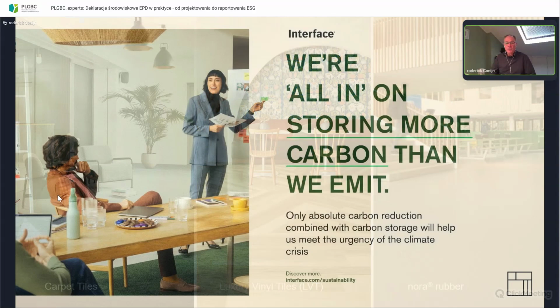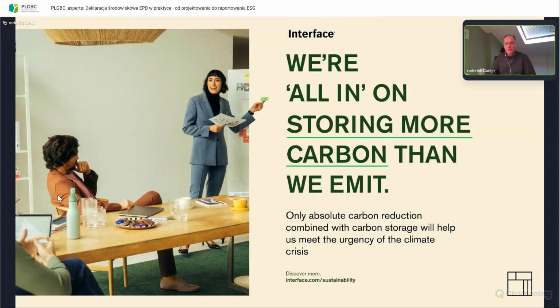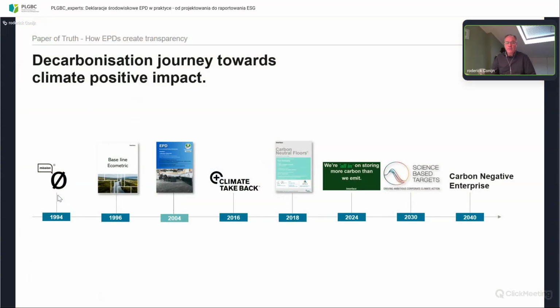As a company, we are all in on storing and preventing emitting carbon. And carbon is more and more a subject to measure the impact of products in the building environment. Looking at our history, we started our journey to become a more sustainable company already in 1994.